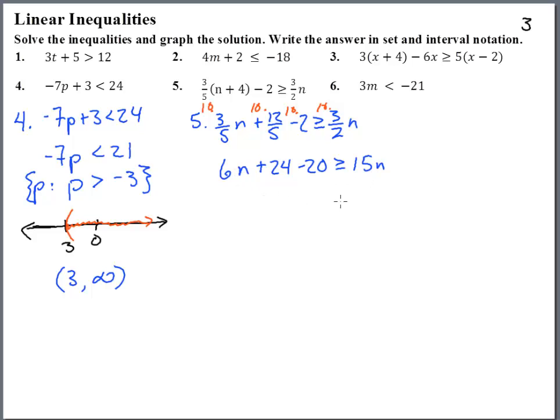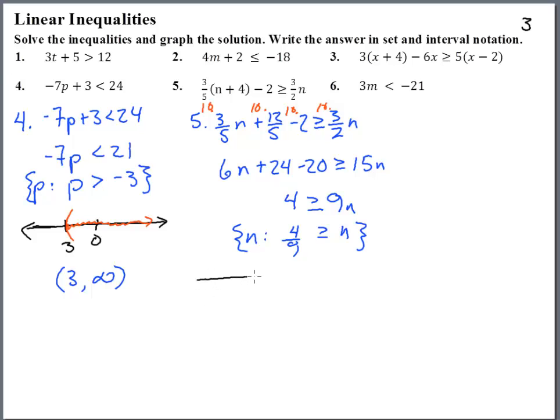Subtract the 6n over there, and we get a 9n is less than or equal to 4. Divide by 9, and we have n smaller than or equal to 4/9. Put a little set notation there, and we have set notation for the answer.